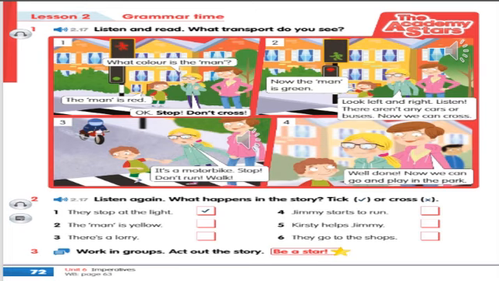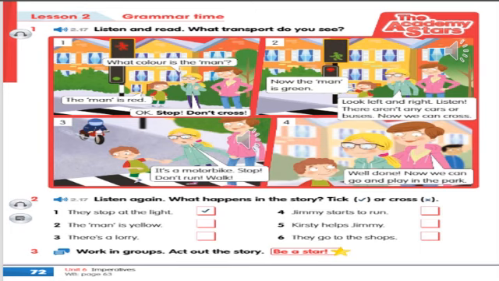So here, my children, we listened to the story and we read it together. Now let's do exercise number 2. And don't forget, we have instructions and rules in the street, in the traffic light, and how we should cross the street, or we shouldn't cross the street.